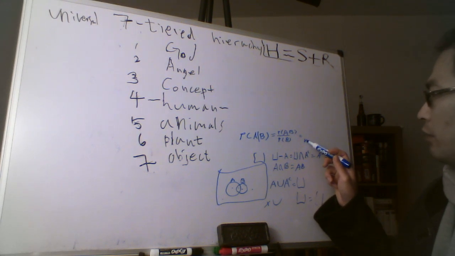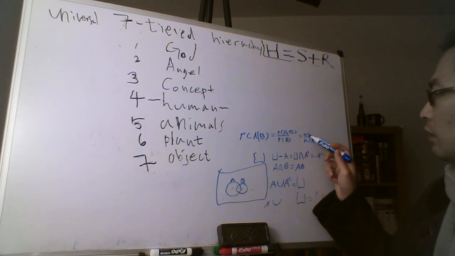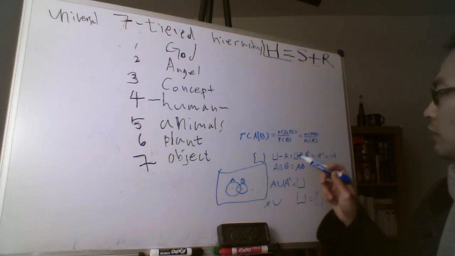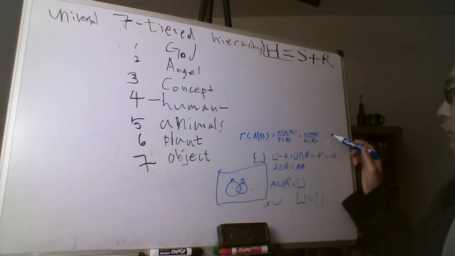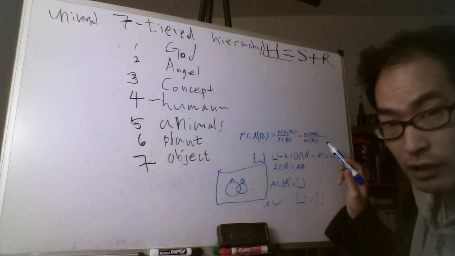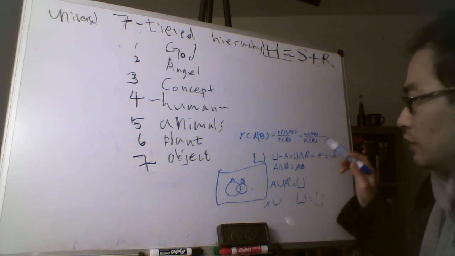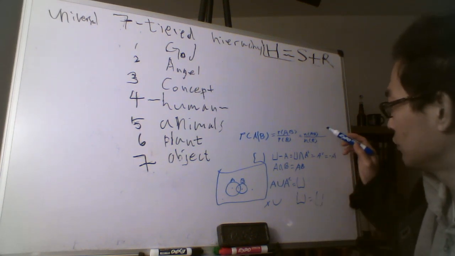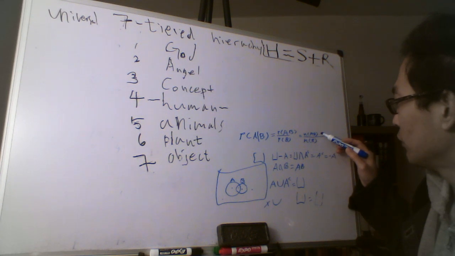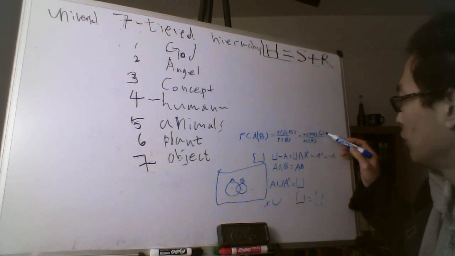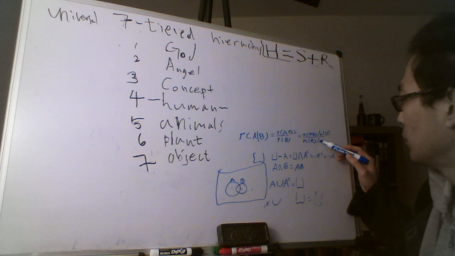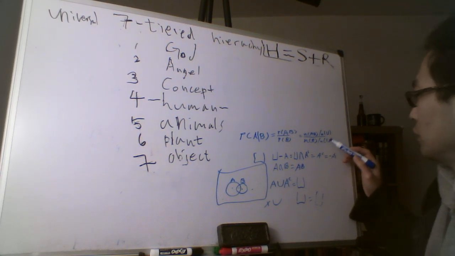It equals the number of AB over the number of B. Why? Because the numerator and the denominator are both divided by the number of the universe, so they cancel out.